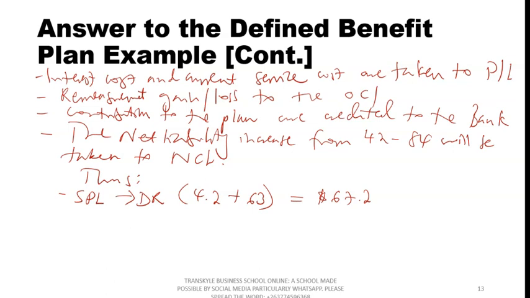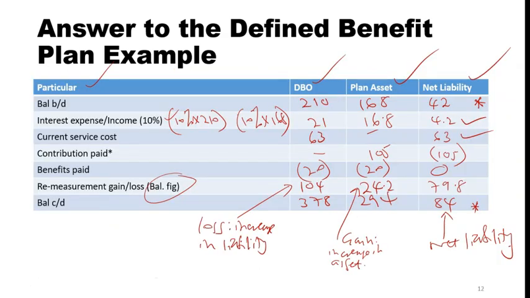We also have to take a figure to the OCI for the remeasurement gain or loss. Remember, this figure here is made up of this figure and that figure, so it's a difference. But the larger of the two figures was a loss. There was a loss of 104.